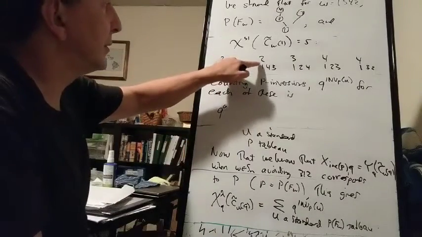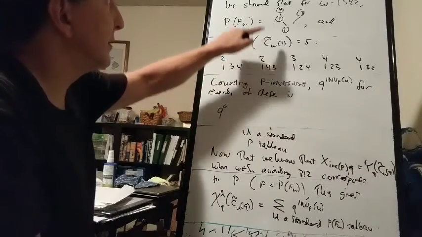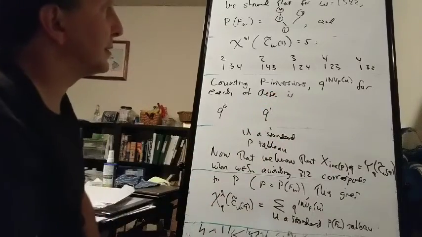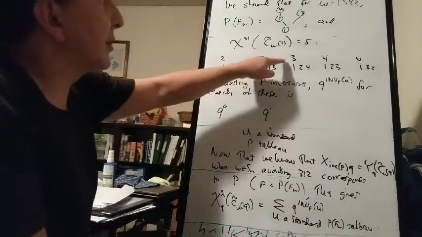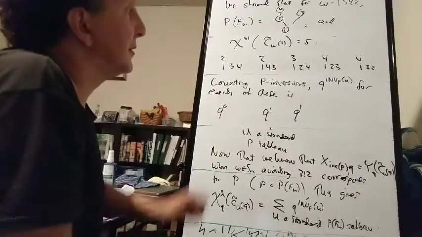Here, 4 comes before 3 and it's greater, and it's incomparable in the poset, so that counts as 1 inversion. Here we've got 3, 2. 3 and 2 are incomparable, so that counts as 1 inversion.